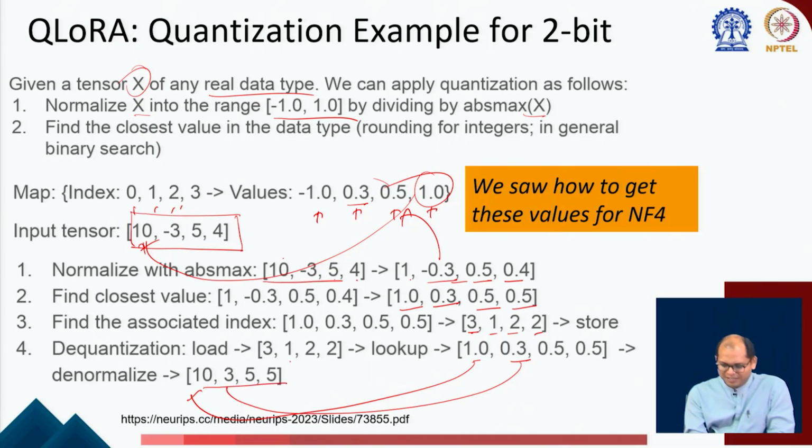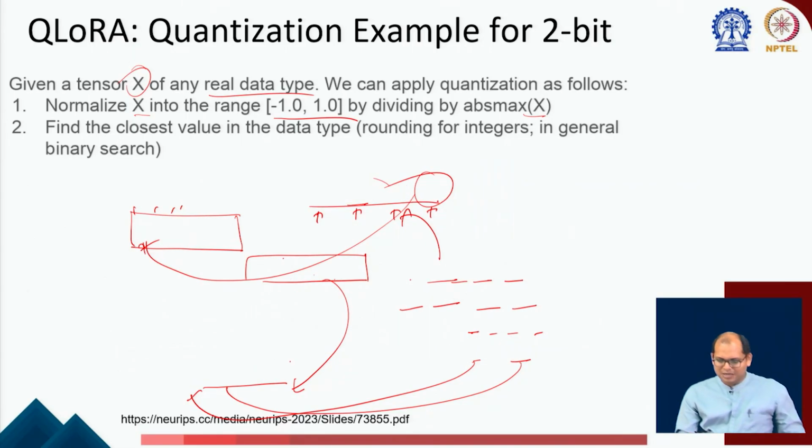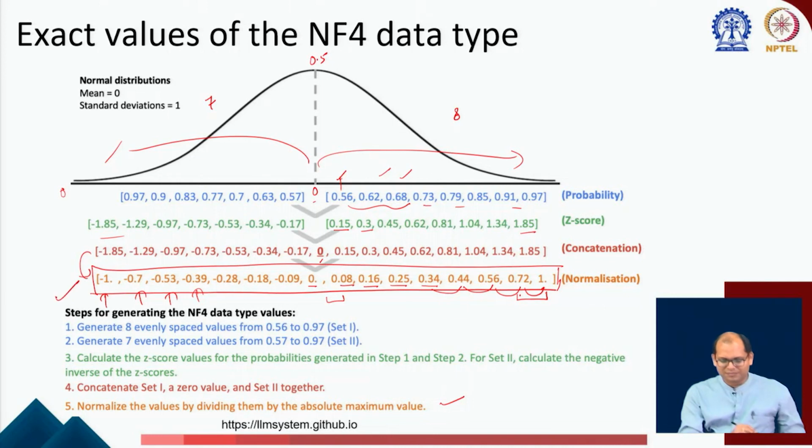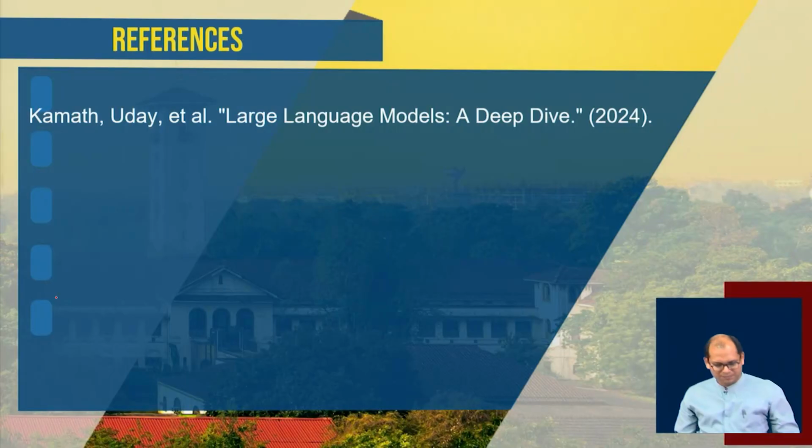I started with 10, -3, 5, 4 and I got 10, 3, 5, 5. There is a quantization error in 2 bits. But this is how you can do it when your values are fixed. These are your values in this case, and with 4 bits, that's how you will quantize and dequantize.